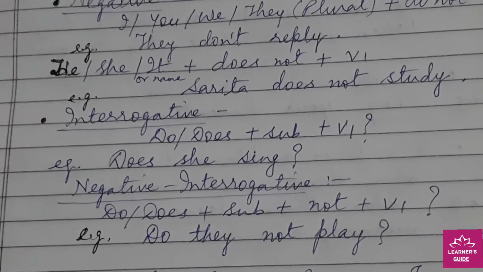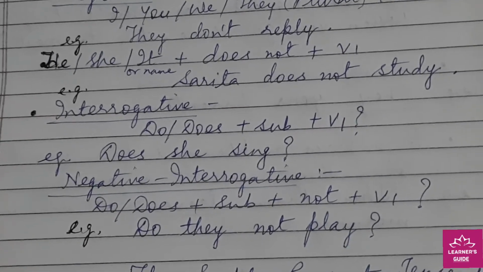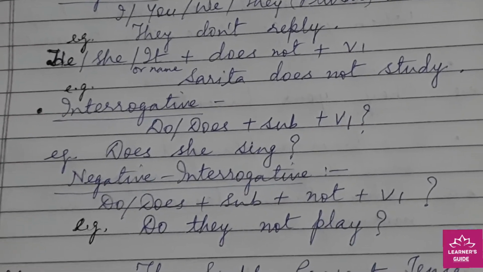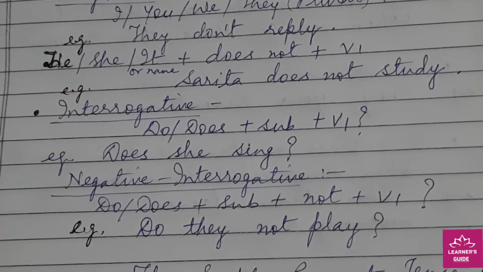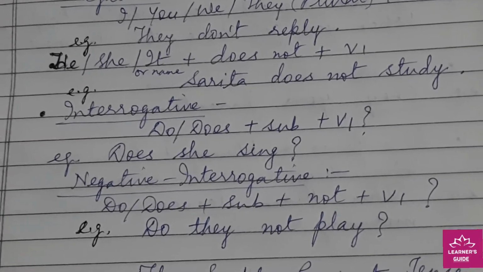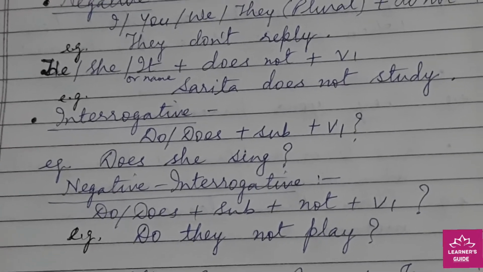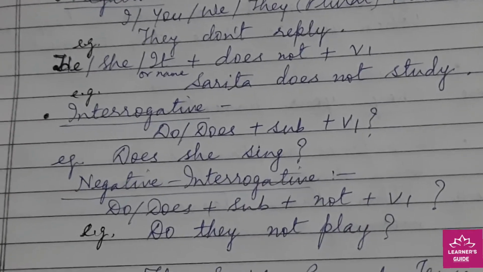For example, Sarita does not study or Sarita doesn't study. We can never ever say Sarita do not study, because Sarita is someone's name and it is singular number. They do not study, they don't study, but she doesn't study, he doesn't study.